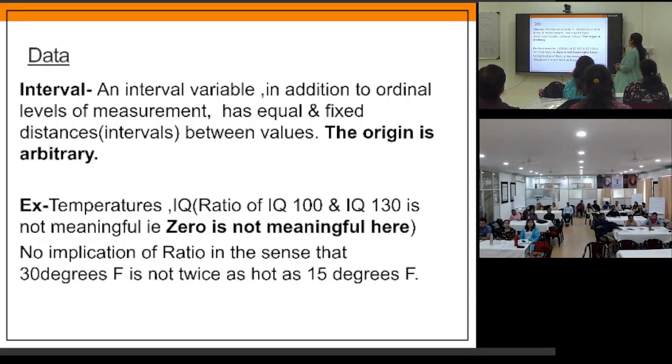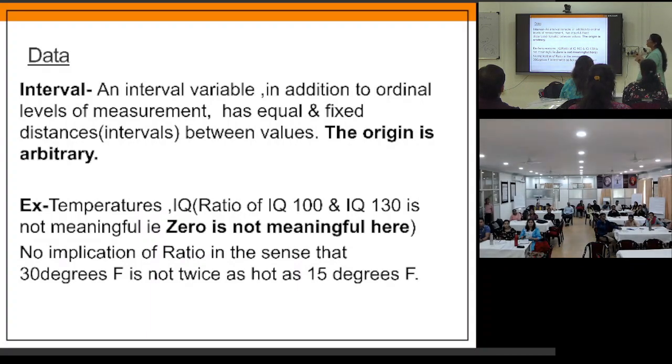An interval variable, an ordinal level of measurement, has equal and fixed distances, intervals between the values. The origin is arbitrary, that is, there is no absolute zero in this case. Such scales are temperature scales like Celsius, Fahrenheit. Okay, an IQ ratio of 100 and IQ 130 is not meaningful as such.